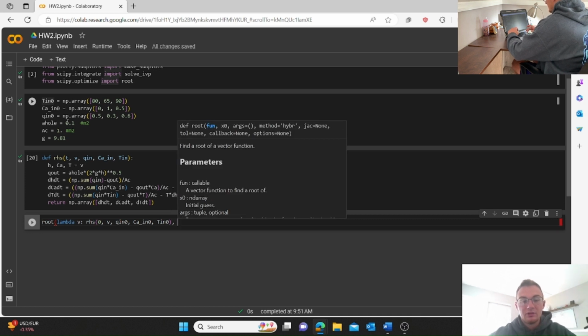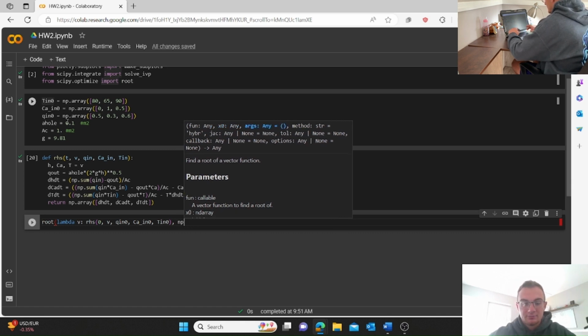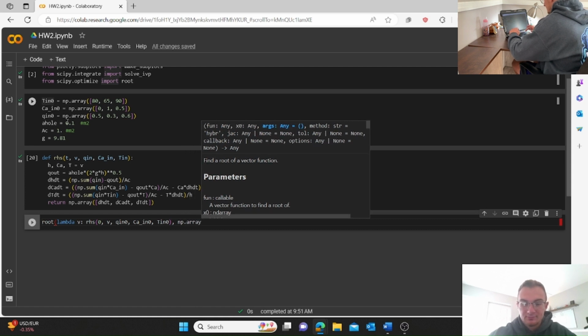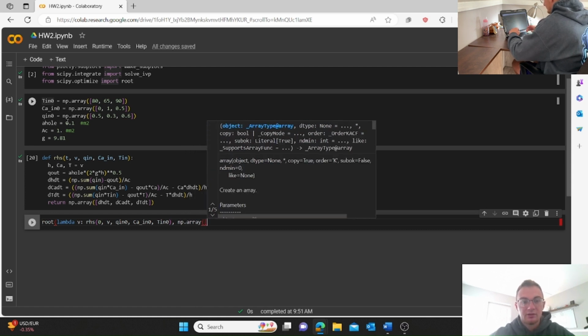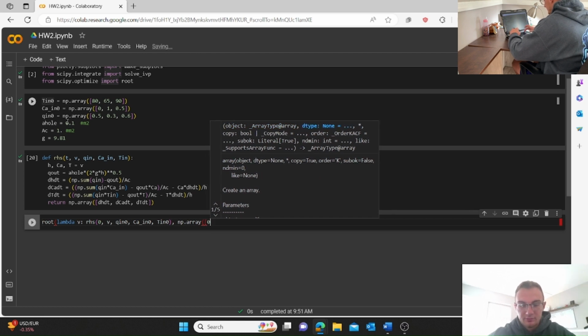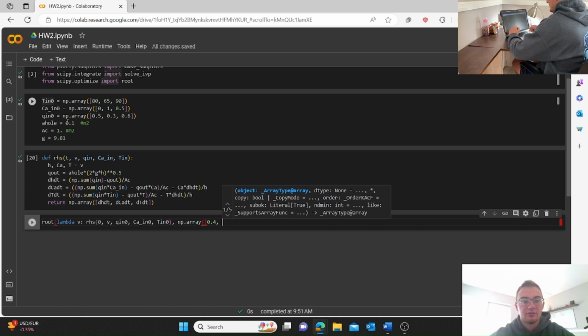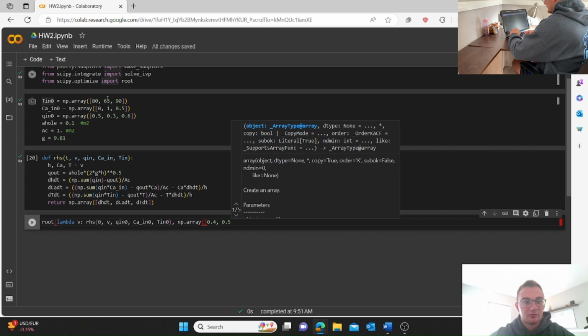And then in order for the root solver to actually run, we need to supply an initial guess. So we're going to have an array here, and we can guess somewhere in between. So 0.4 for the height. For our concentrations, we'll guess, again, somewhere in between, like 0.5, right? And for our temperatures, again somewhere in between, we can put like 70.